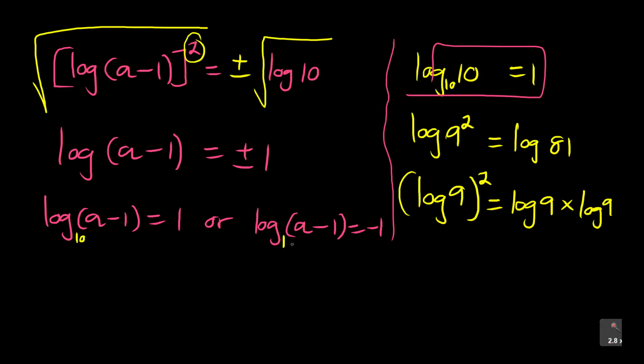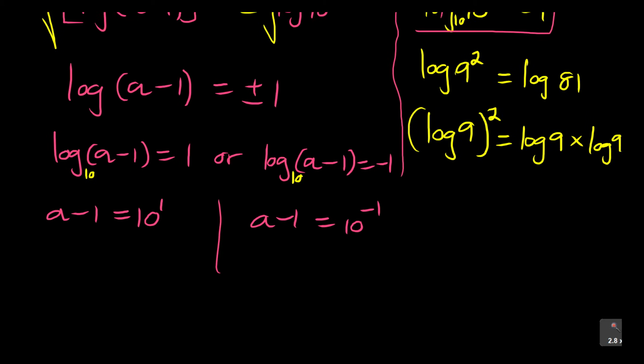How do you simplify? A minus 1 is equal to that hidden 10 to the power 1, or A minus 1 is equal to 10 to the power negative 1. That's how we convert logs to exponents. Remember, it's very important.